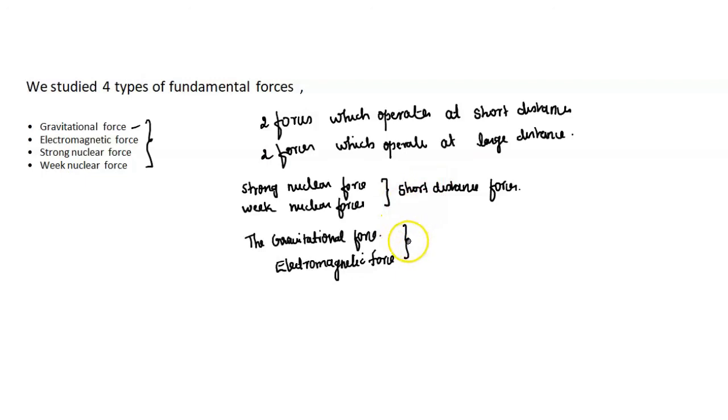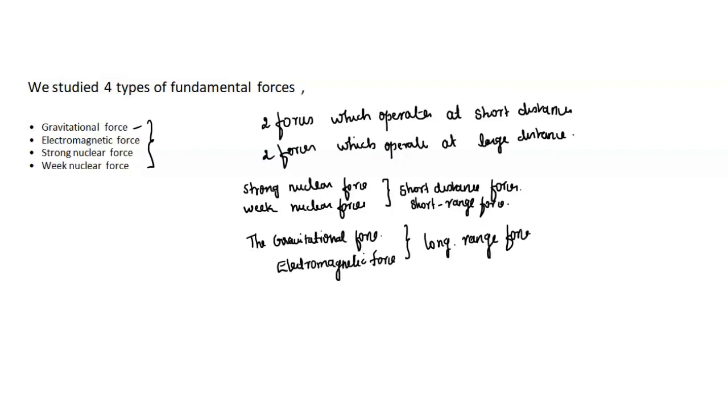Hence, these forces are termed long range forces, whereas the others are short range forces. So this is all about short range and long range forces. So this is all about physical world. So thank you.